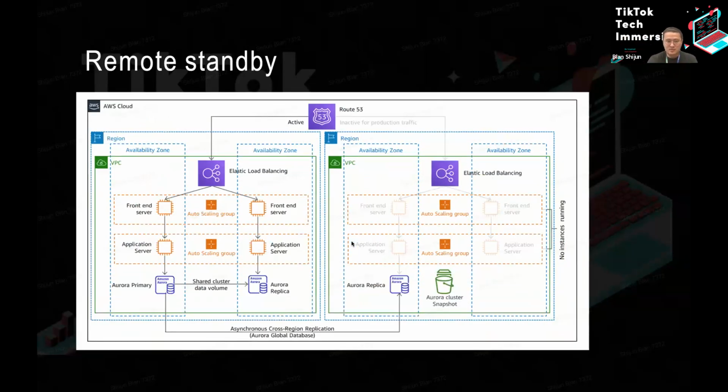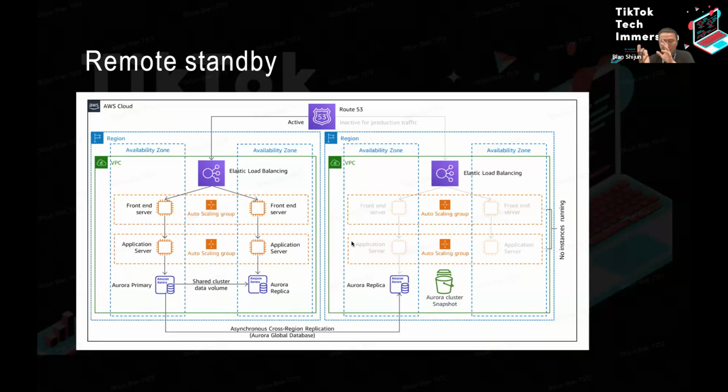Another one is remote standby. So we also have 2 DCs physically in different places. But in the standby DC, you see that all these are transparent here. It means we just spin up a minimum instance, ready there. It's not running.